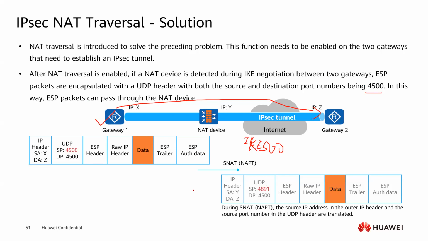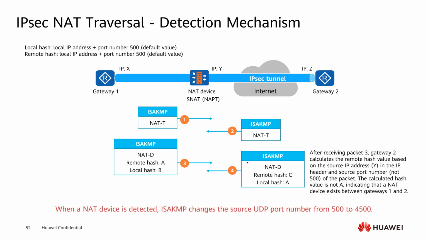So it will be easy for the devices to know whether you are behind the NAT or not. Here is an example, whether I should change the port to 4500 or not. They will do the detection to see whether you are behind the NAT or not.